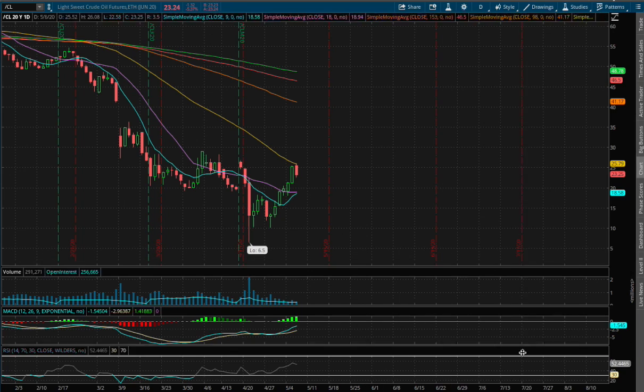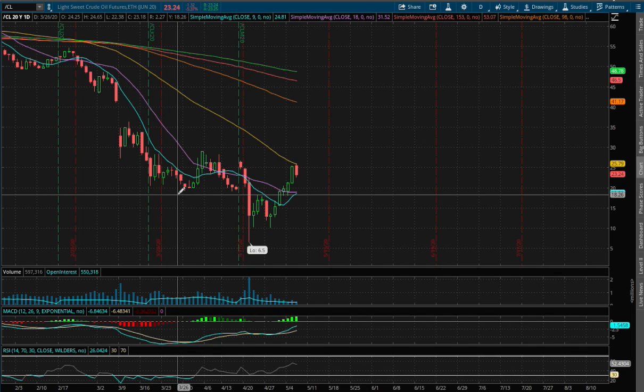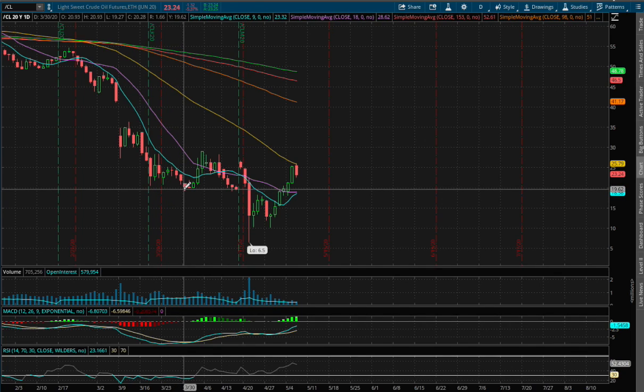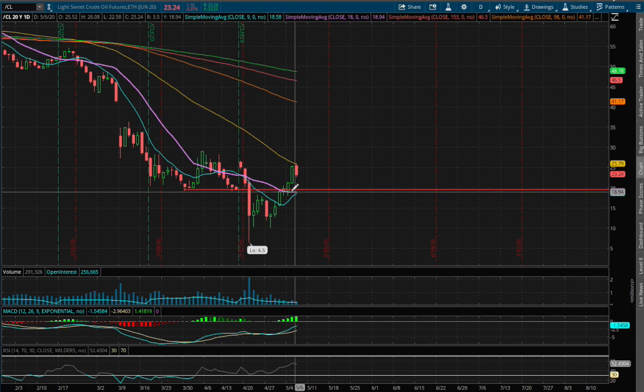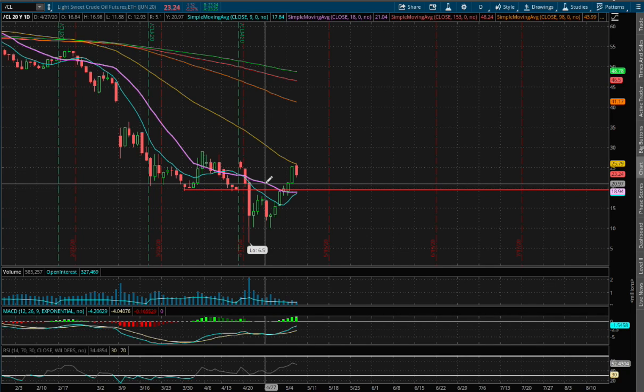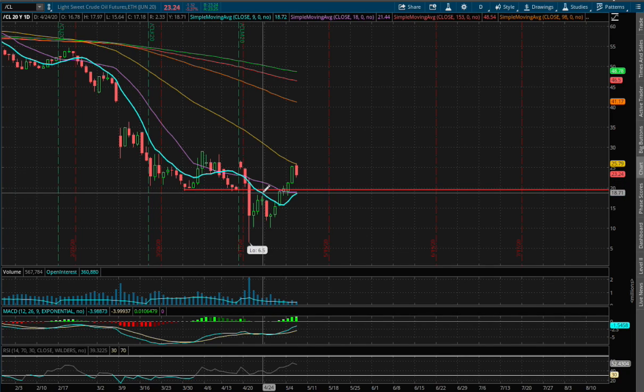The next possible support that I see will be around where we saw previous support levels that dated back to March 30th, around a price of $19.60. That level also coincides with the 18-day moving average and the 9-day moving average, the purple and blue line respectively.